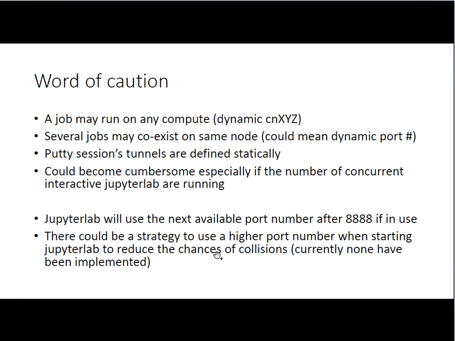If it becomes too cumbersome down the road, we could decide to use a flag to JupyterLab to start on a given port number. This could be used to alleviate those collision issues if there's a lot of those happening, but for now this is not implemented.